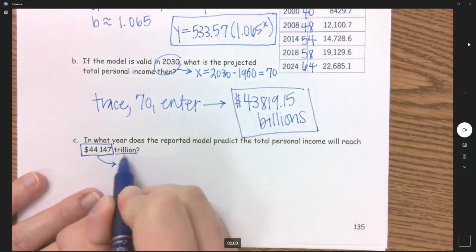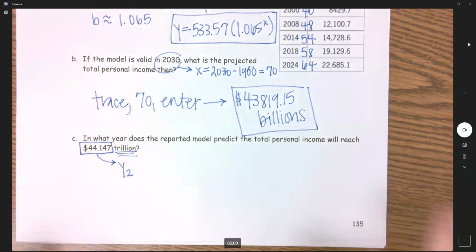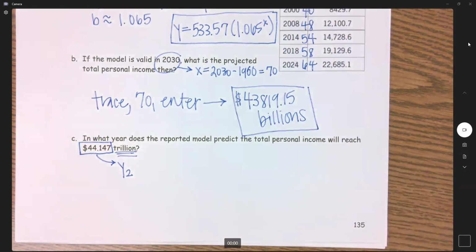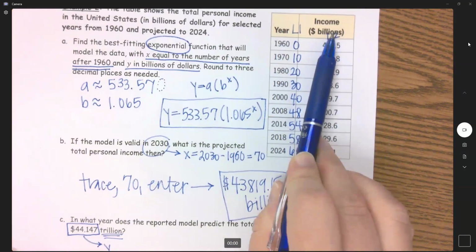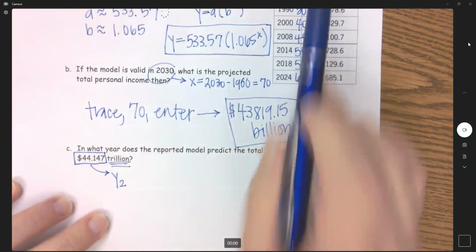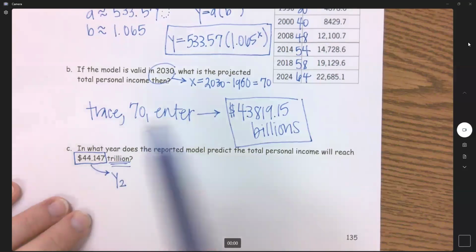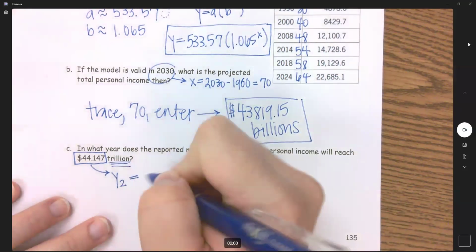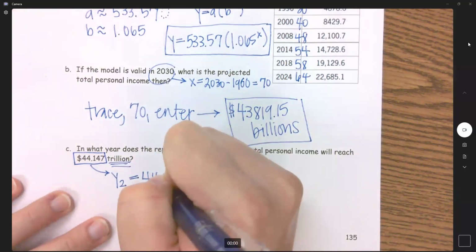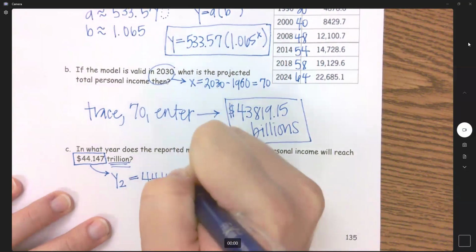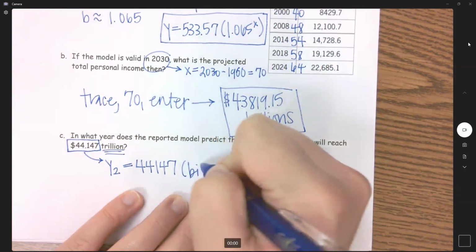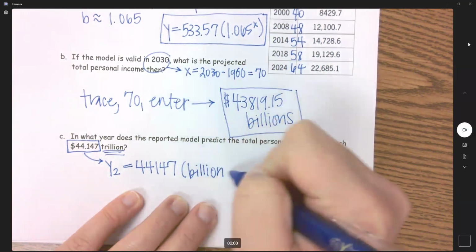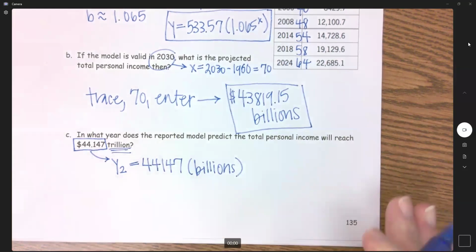But this right here is in trillions. And I need this in billions. So I'm going to need to take that decimal and move it 3 places over. So my Y2 is actually going to be 44147. Okay, and now this is in billions.